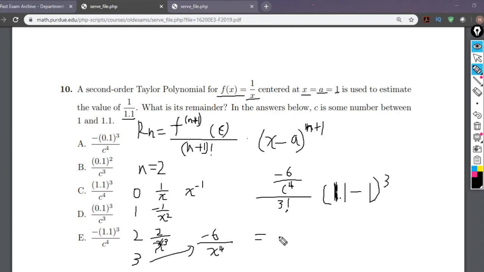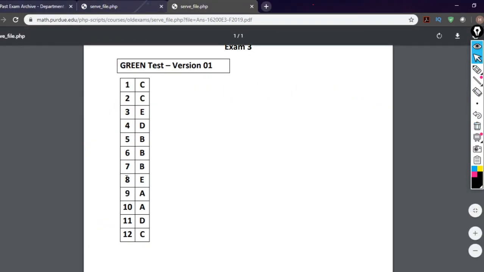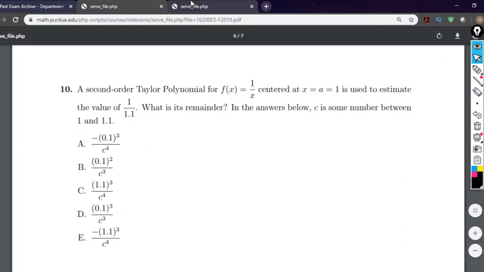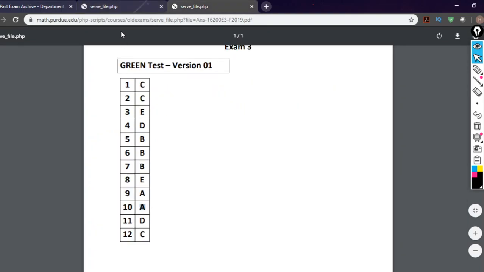So ultimately, this will equal -1 over c to the fourth power times 0.1 to the third power. And we can just move this on top here. We find our answer to be A. And for number 10, yes, the answer is A.